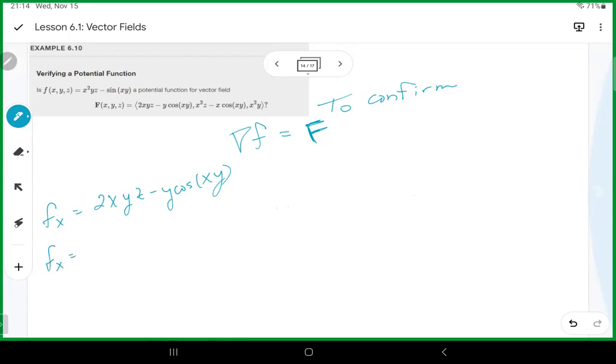Then we have f sub y. That's going to be x squared z, sorry, so sorry, minus x cosine xy.